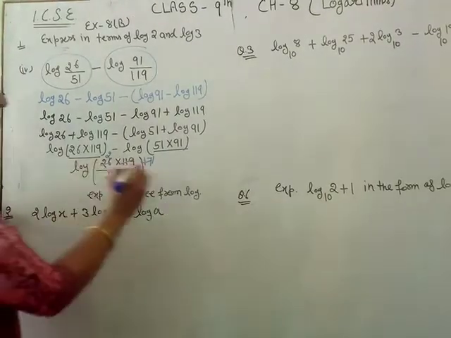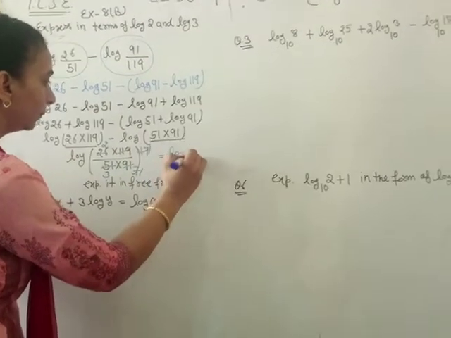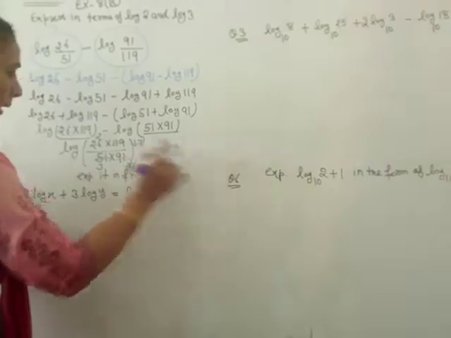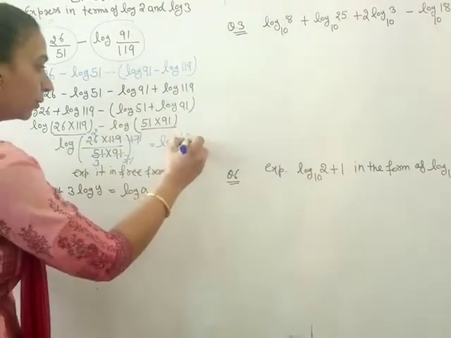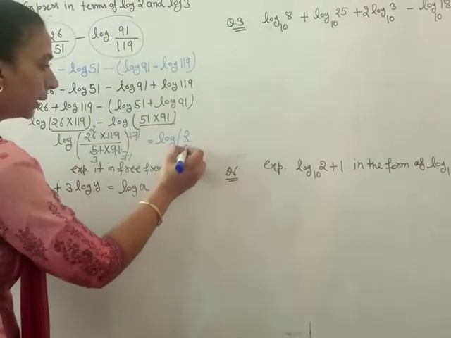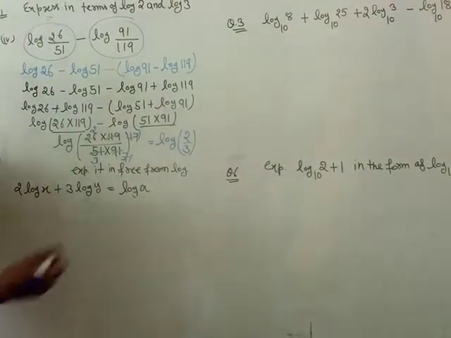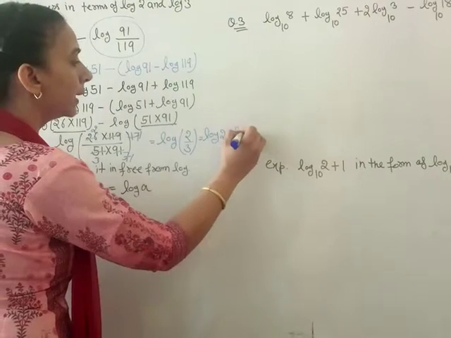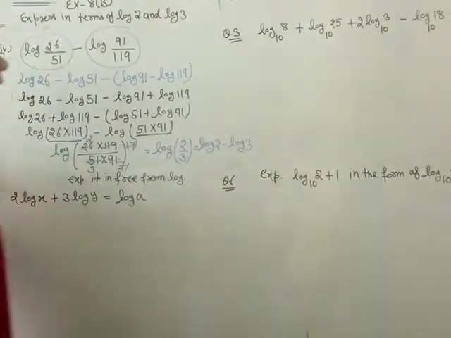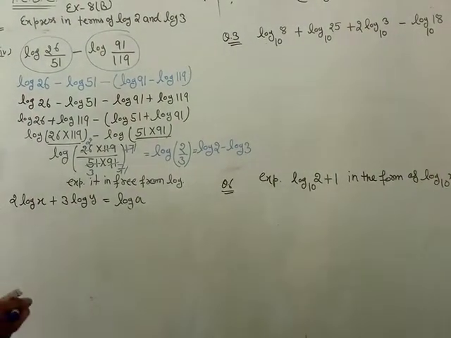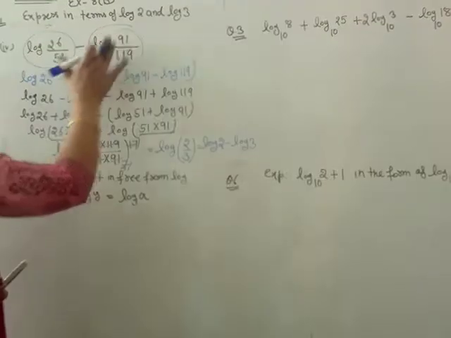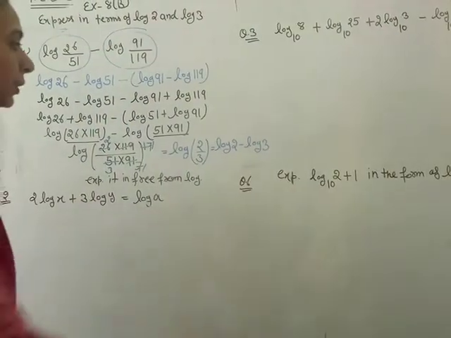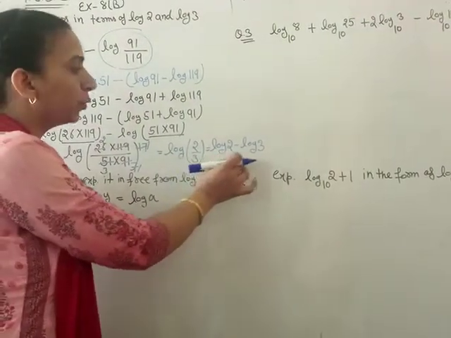Then this equals log of 2 by 3, and we write it as log of 2 minus log of 3 according to the quotient law. Students, we have expressed this in terms of log 2 and log 3. Then our answer is log 2 minus log 3.